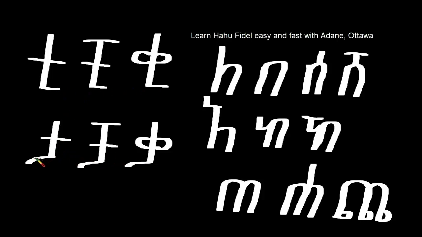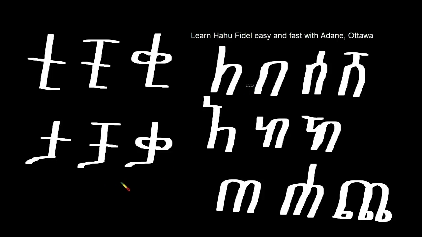Obviously, this line is the same for all Hahu Fidels, no matter what. This line is common to all of them, and the circle too. The circle goes all the time on the right side at the bottom. Just remember that.